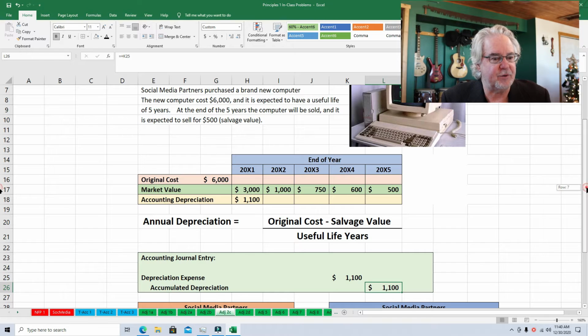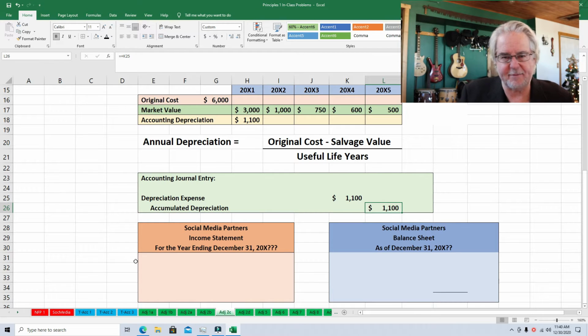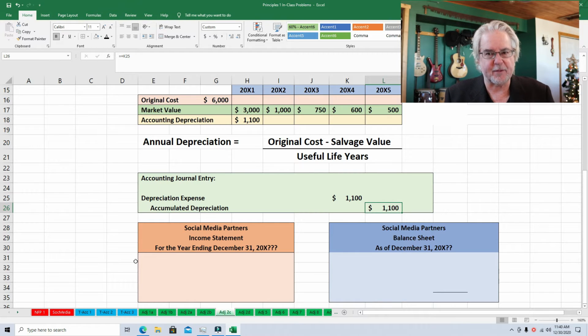Coming down here to our income statement, now hopefully by this stage of the game, I know you've only been in accounting class for 2, 3, 4 weeks, but I hope you know that on the income statement there are only two things that go on the income statement: revenues and expenses.